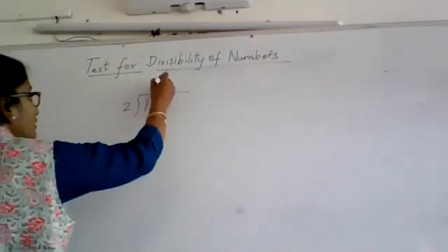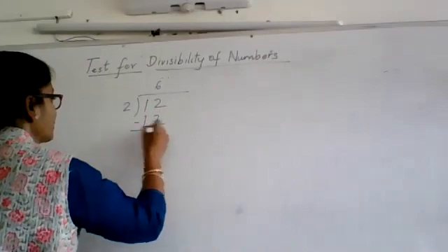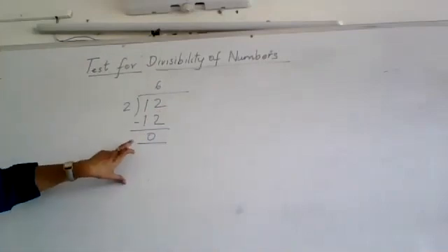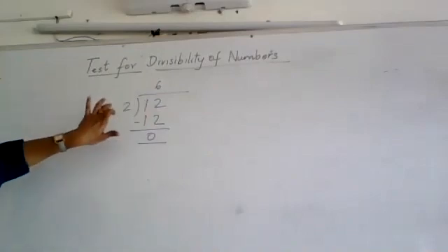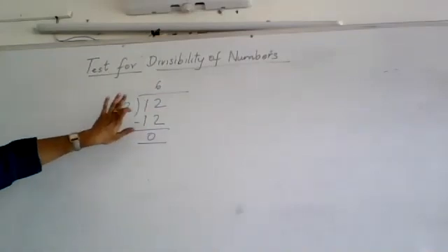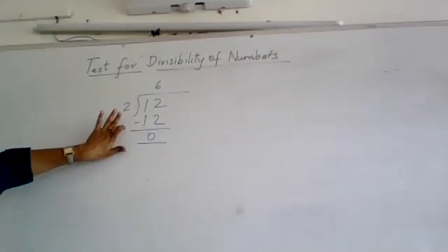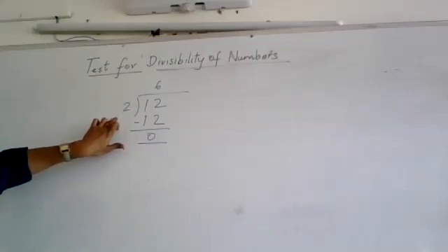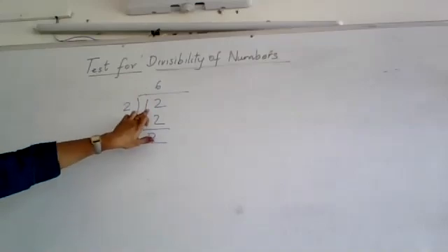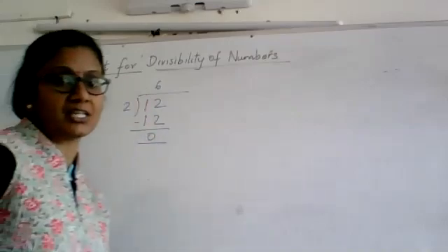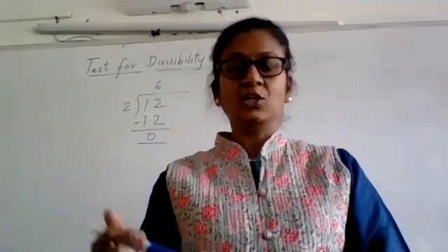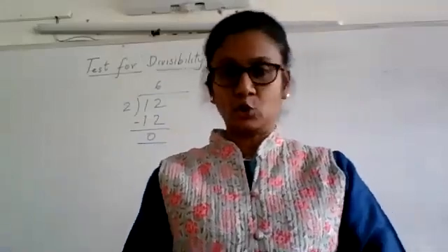We know this: 6 2s are 12, and then when you subtract, you get a remainder 0. When you get a remainder 0 on dividing 12 with 2, then I can say 12 is divisible by 2, because 12 is a multiple of 2. 2 6s are 12. That means 12 is there in the multiplication table of 2, and hence I can confidently tell that 12 is divisible by 2.